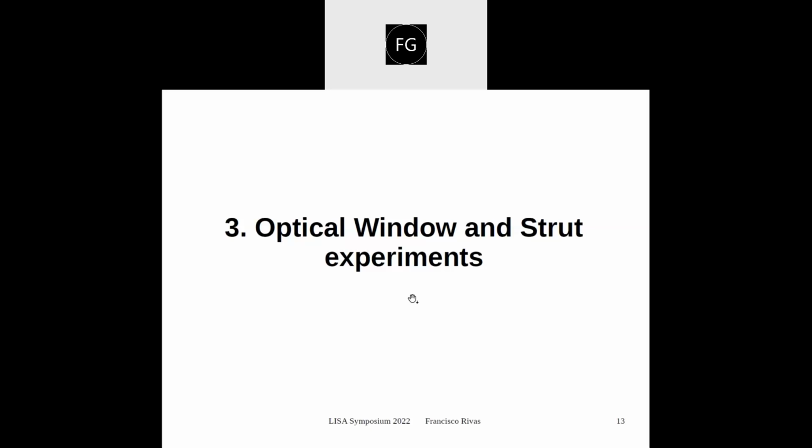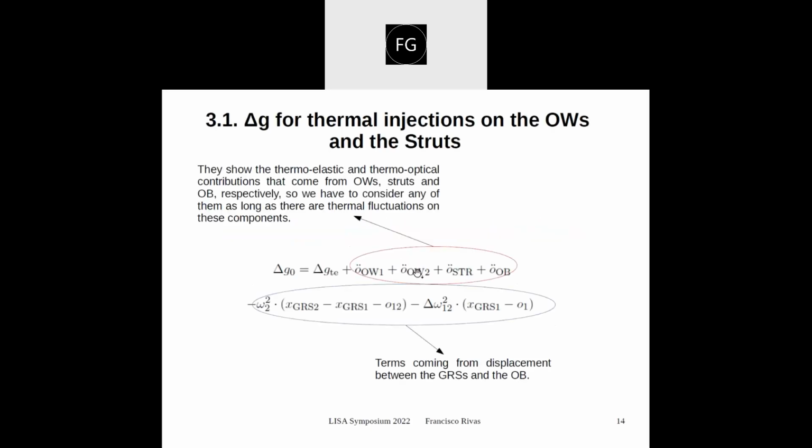These thermal effects introduce new terms in the equation that give us the residual acceleration between both test masses, these delta g equations. Namely, you can see these first two terms for the thermo-optical disturbances produced in the optical windows.